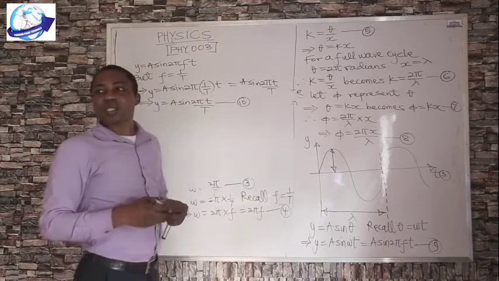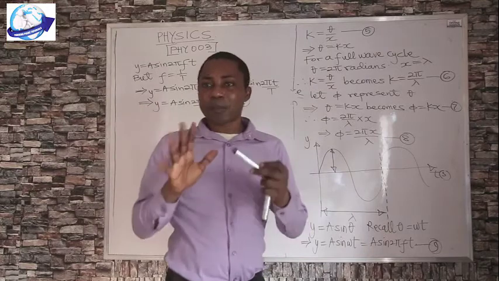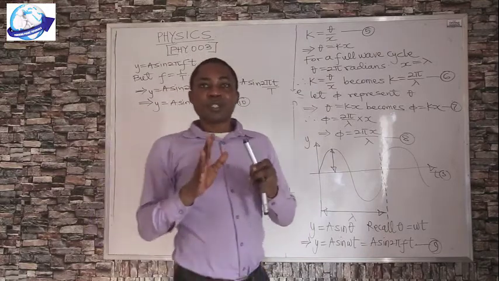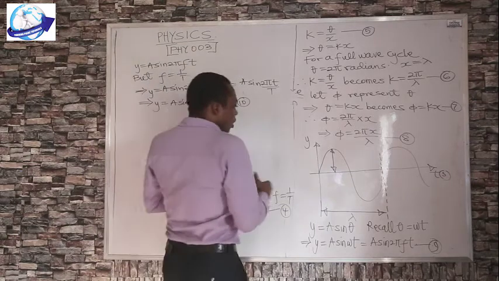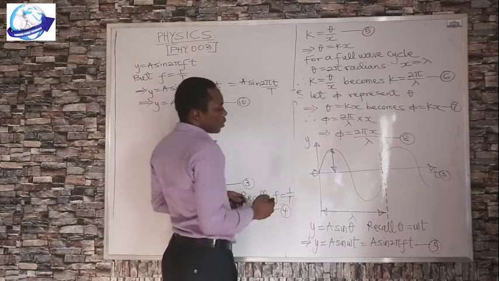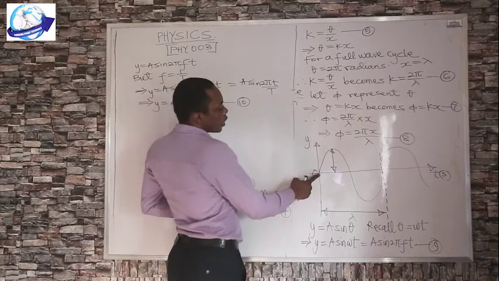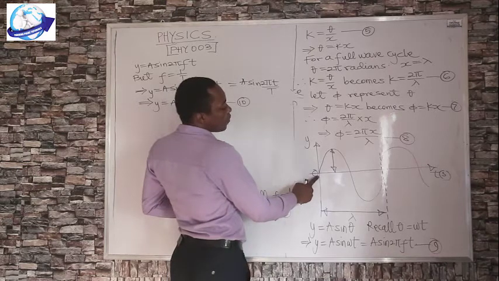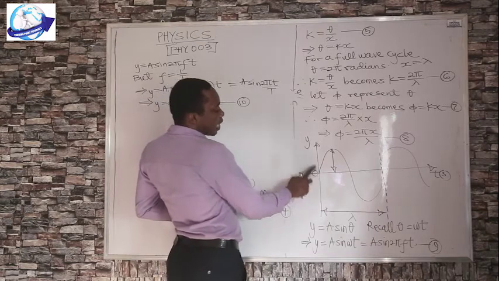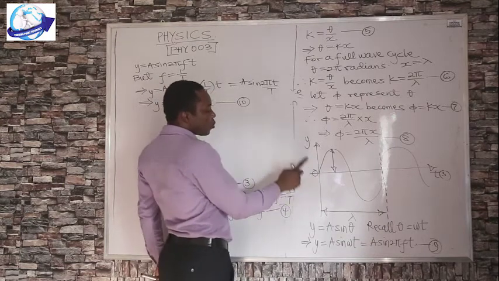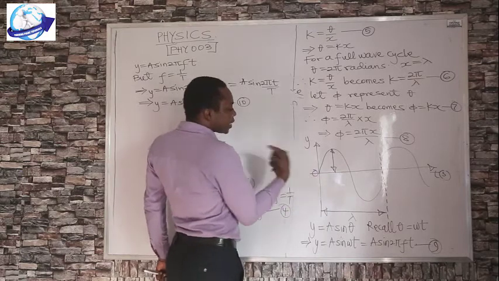Now there's another important aspect we want to consider. You see that the wave actually starts from the origin. The time of the rising of the wave and the counting time all started at the same time.